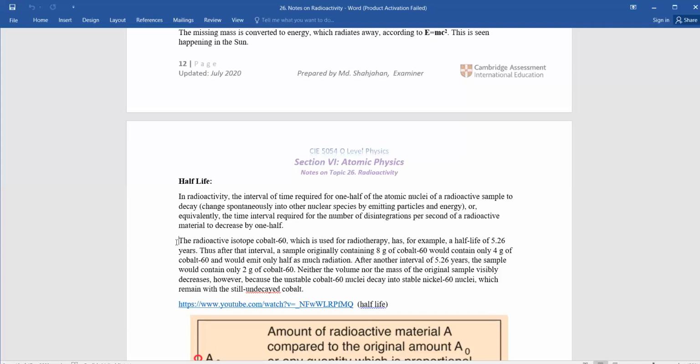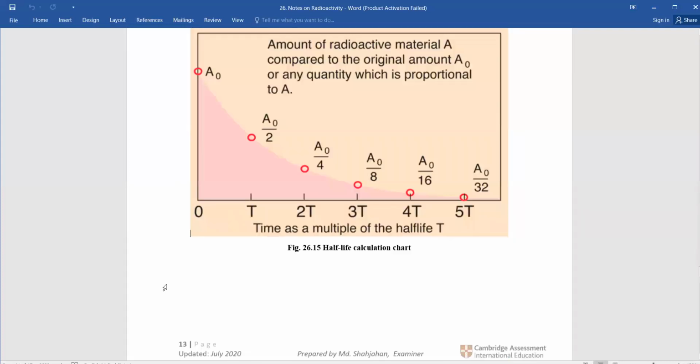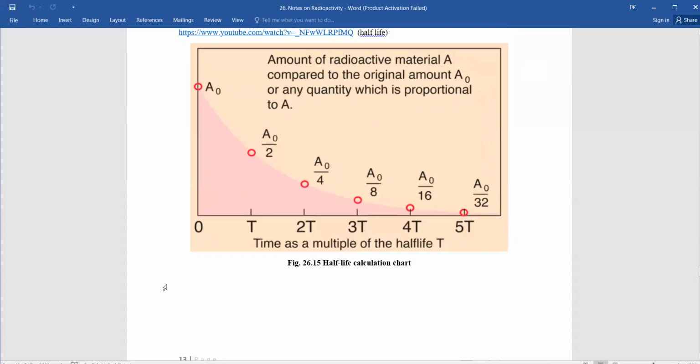Okay. Now we are having the graph, this one, to understand half-life. You see, we have time in the x-axis, and in the y-axis we have the amount of radioactive material given.